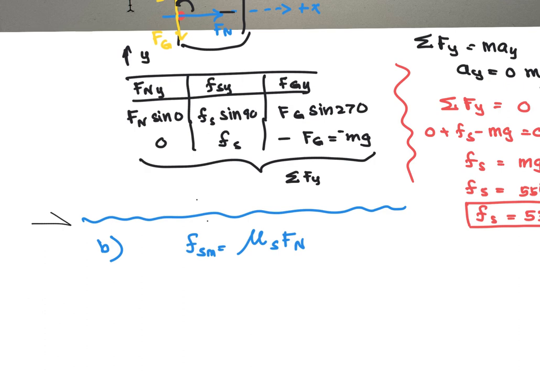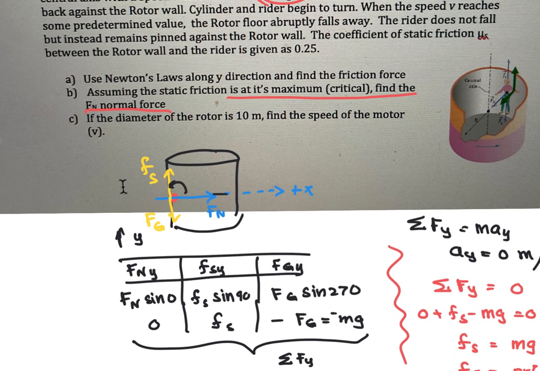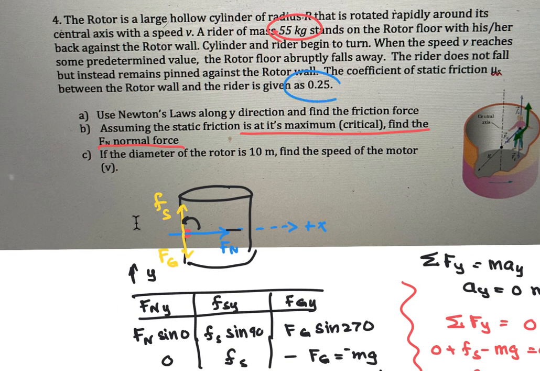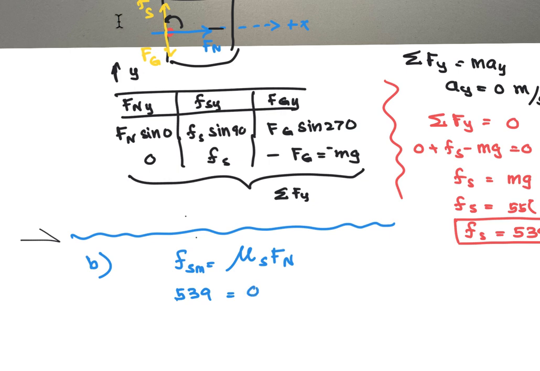Fs maximum we already have as 539, and mu s, the coefficient of static friction, is given as 0.25.